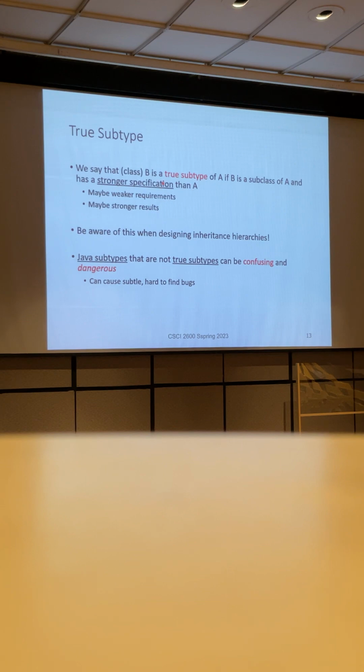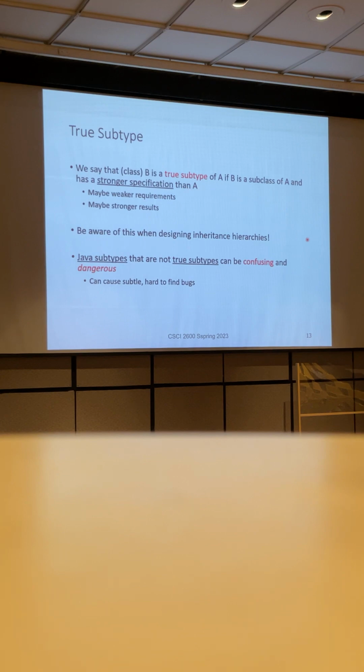So here are the requirements that you can just apply directly. B is a true subtype of A if B is a subclass of A and it has a stronger specification than A. And stronger specification, we already know, means weaker requirements and/or stronger promises, stronger results. All right, so that's that.